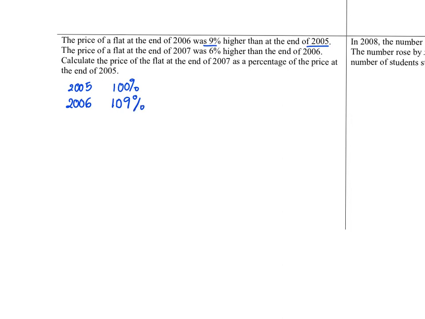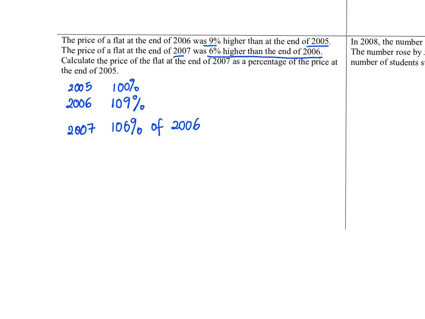The price of a flat at the end of 2007 now, this is 6% higher than that of end of 2006. What does this mean? That means I want 6% higher. I want 106% of the price, but it's of the price in 2006.